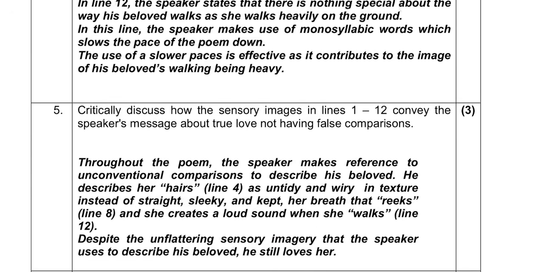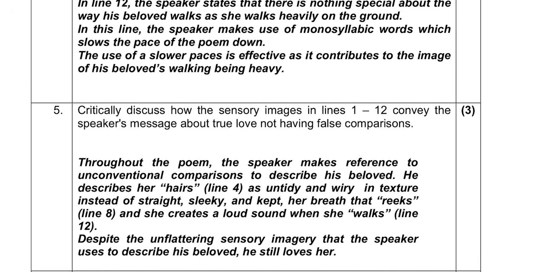Okay, question 5. Critically discuss how the sensory images. Now, sensory images means your senses. So it's sight, touch, smell, taste, and hearing. So you need to refer to some of those from the poem. You need to look at lines 1 to 12 and see which senses you can highlight.